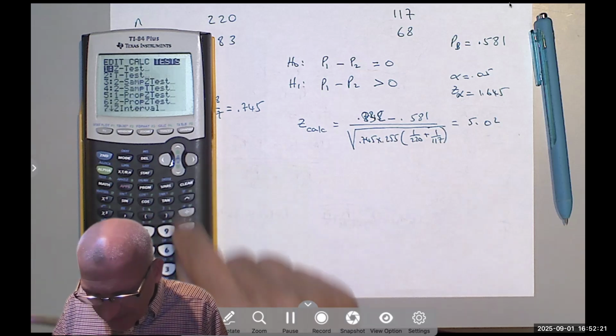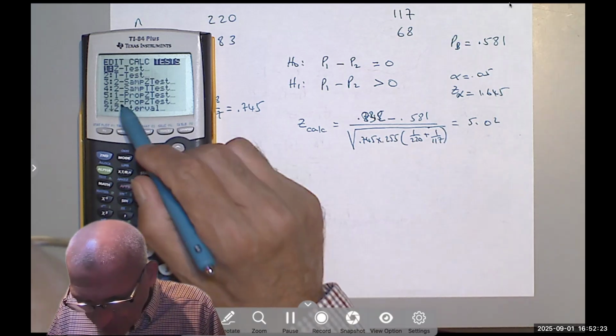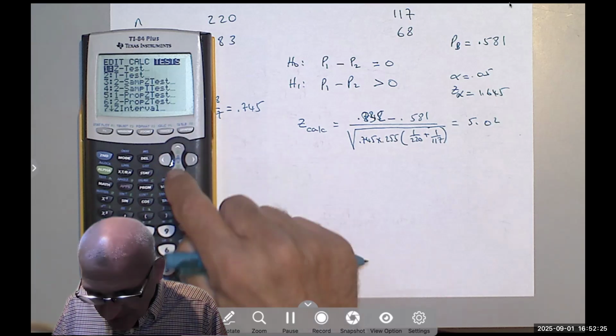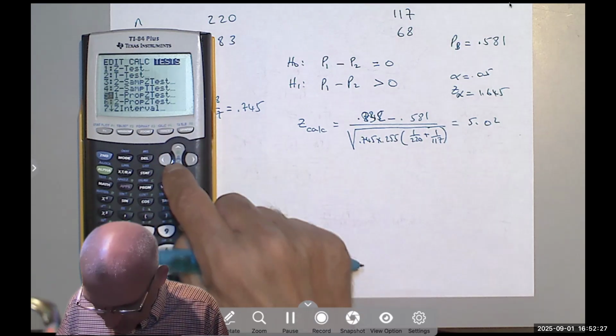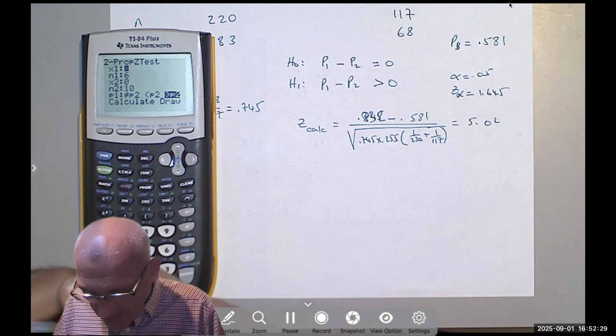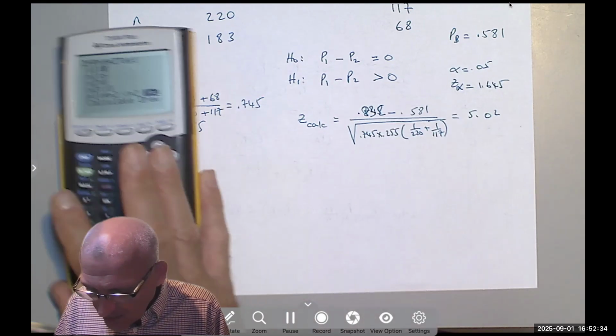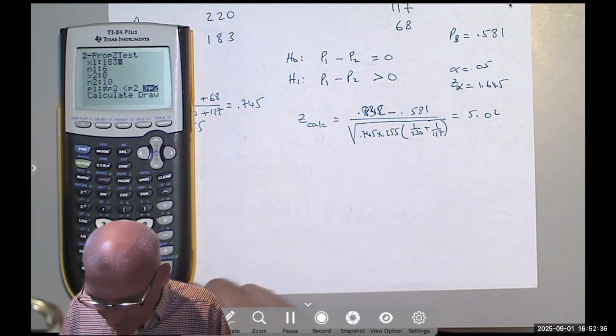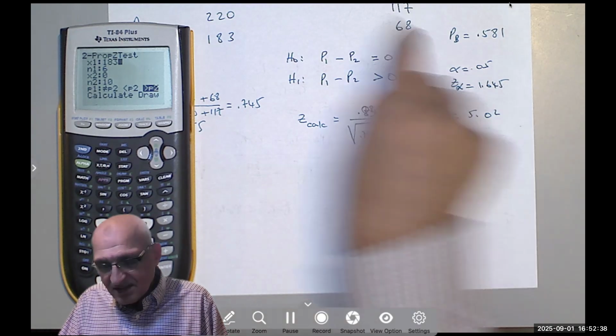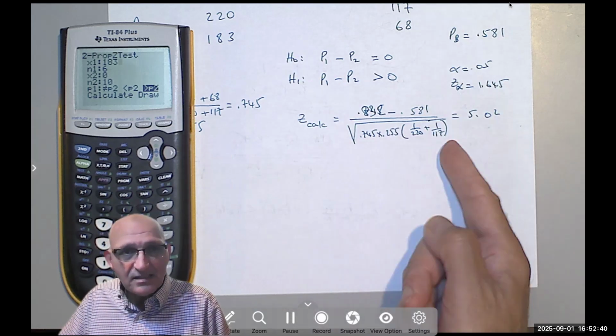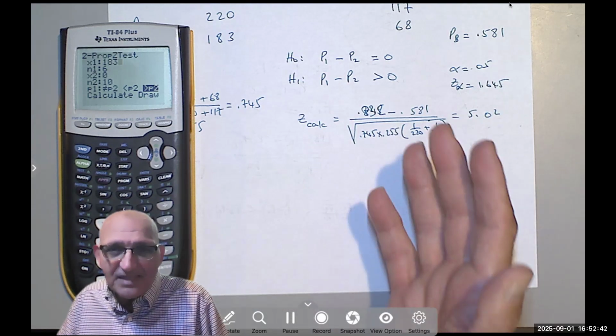Stat, if I go to test, you see here we have two proportion Z test. You can click 6 or you can go to it and enter. So it asks me what is X1? X1 was 183. I can enter this as X1 and this is X2 and say it's less than, which should be better because they ask you if this is less than that.